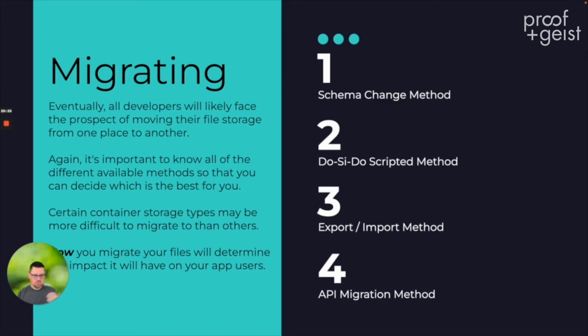So the second method is something that I like to call the do-si-do scripted method, which is basically, rather than changing the schema itself, you add a container field. And when you add a container field that has the new specifications, so you have your first original container field that's maybe internal storage, then you have a second container field that's external secure.